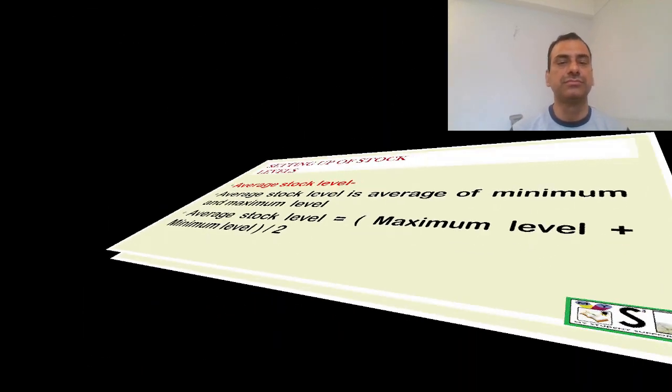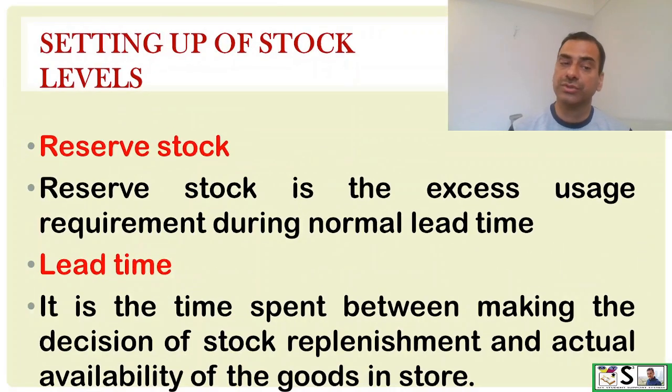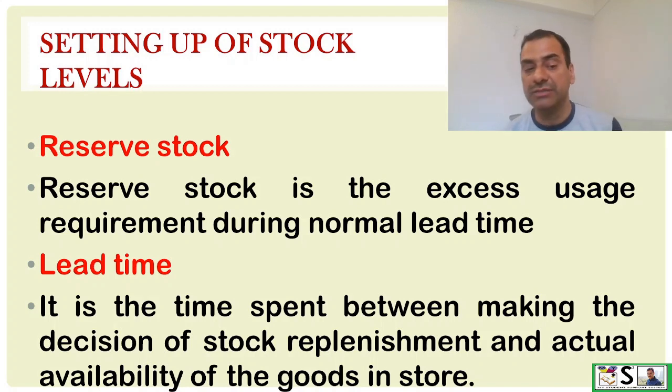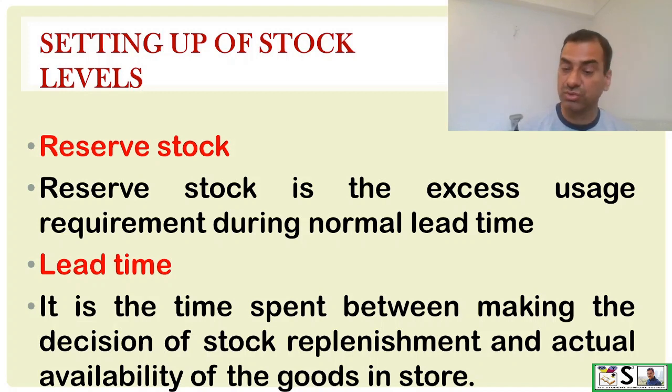Then reserve stock. Reserve stock is the excess usage requirement during normal lead time. And what is lead time? It is the time spent between making the decision of stock replacement and actual availability of the goods in the store.